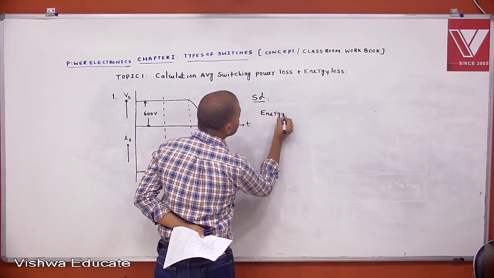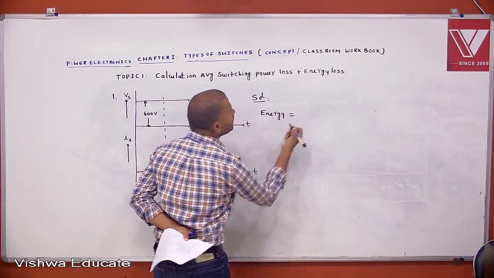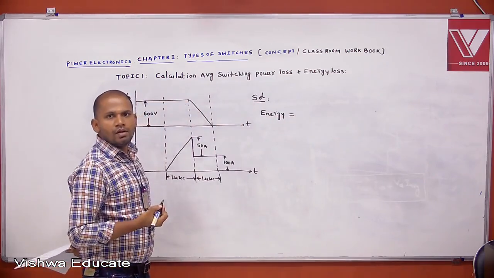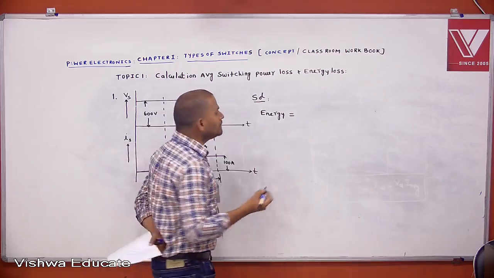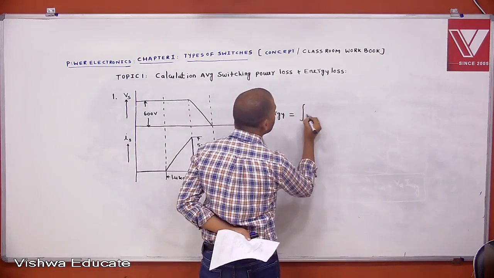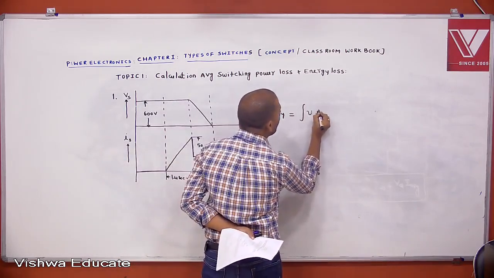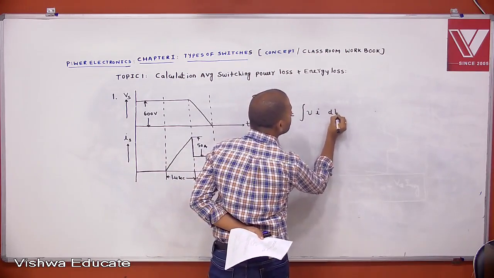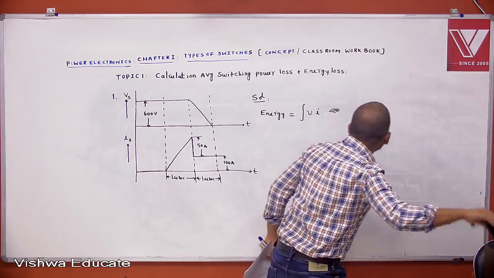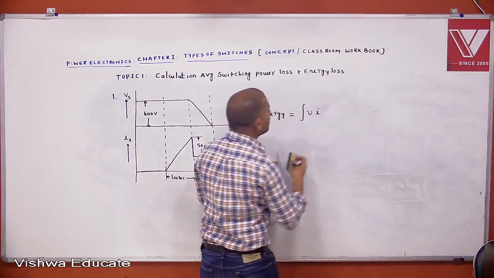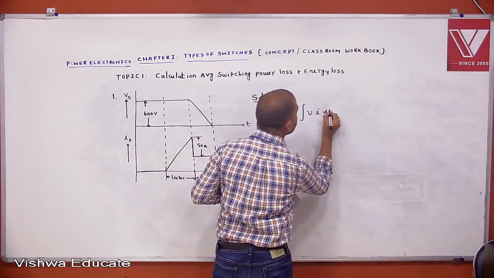What is the energy dissipated? Energy equal to. What is the fundamental definition of how to calculate energy? Integral V I dt. This gives the energy.